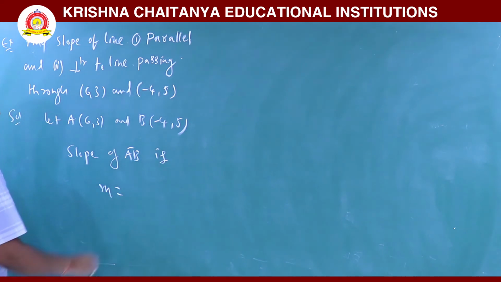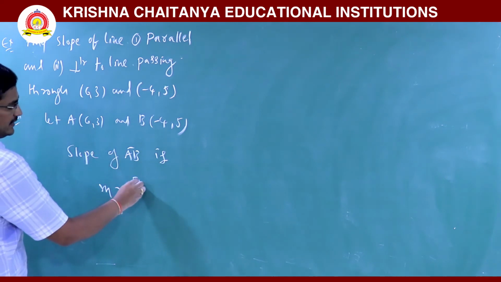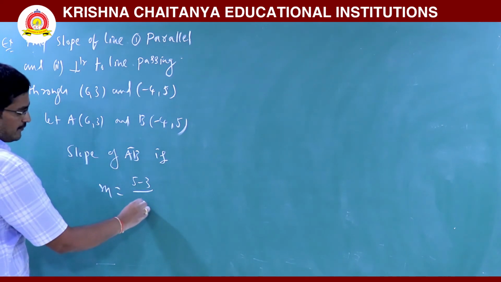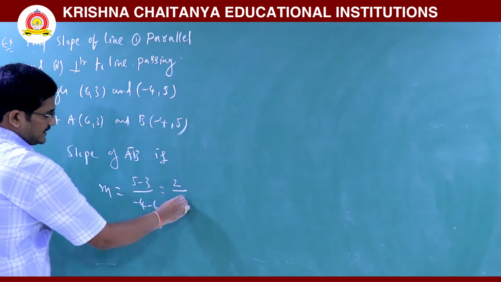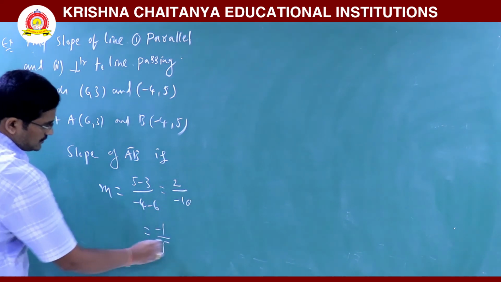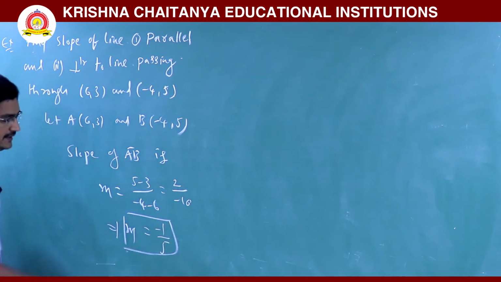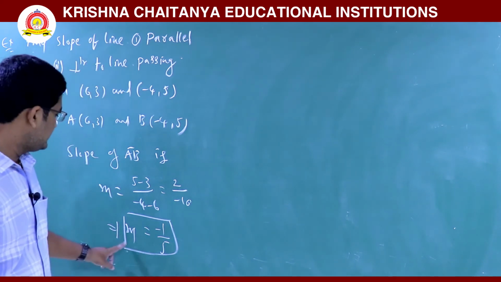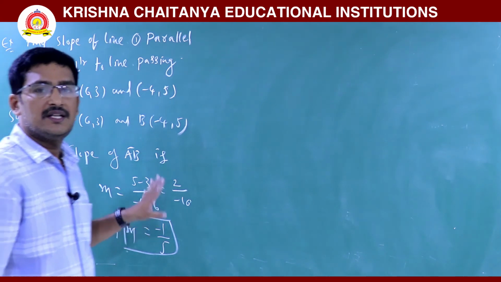So m is equal to (y2 minus y1) by (x2 minus x1), which is 5 minus 3 by minus 4 minus 6. That means 2 by minus 10, which is minus 1 by 5. So the slope of the line AB bar is m equals minus 1 by 5. Just remember that.